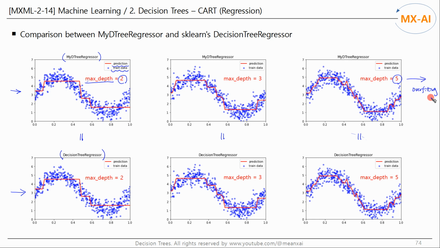Also, although we did not apply cost complexity pruning in this implementation, it can also be used for regression trees. We covered how to apply cost complexity pruning to regression trees in the previous video.